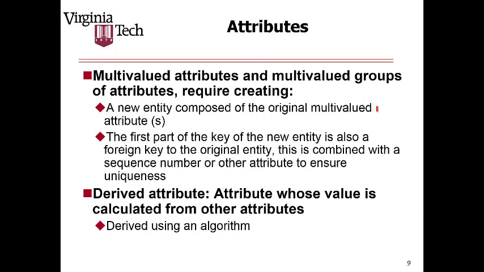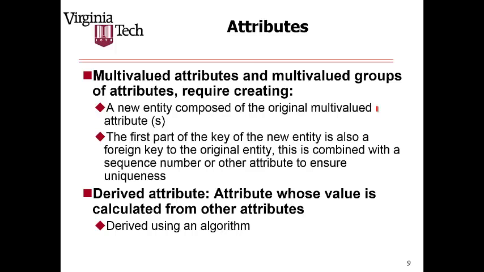Say the original entity was student, and this time it would be a repeating group. The multi-values of course number, semester ID, and grade was repeated within student for every course the student had taken.